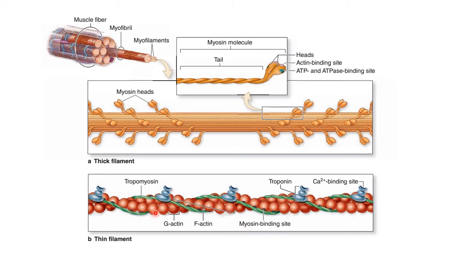All of these are proteins. In the troponin we have the calcium binding site. Okay, once the calcium is bound to this site, the actin filament will be activated and the myosin binding sites will be open to receive the heads of the myosin to slide on it, and all of this occurs during muscle contraction.